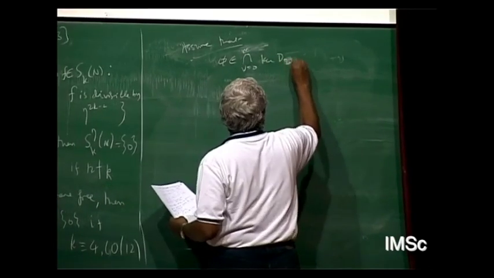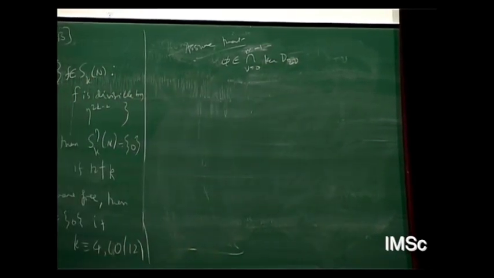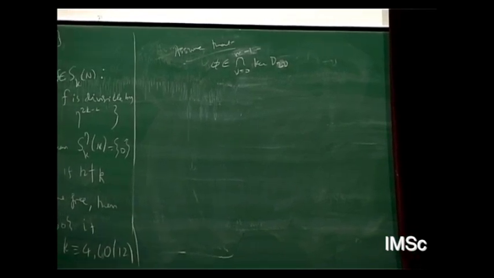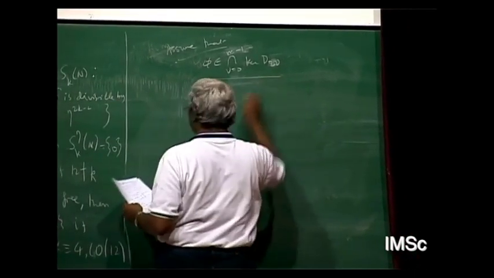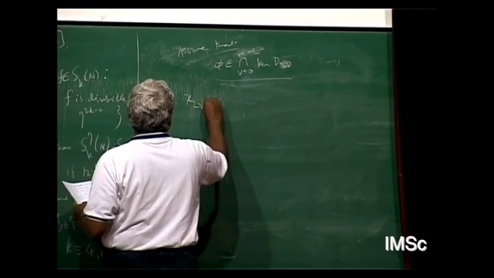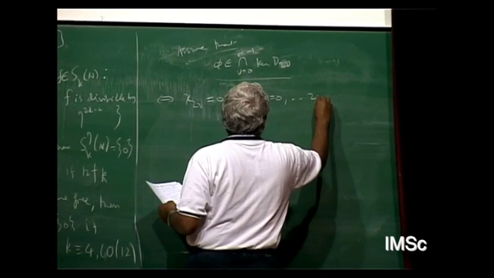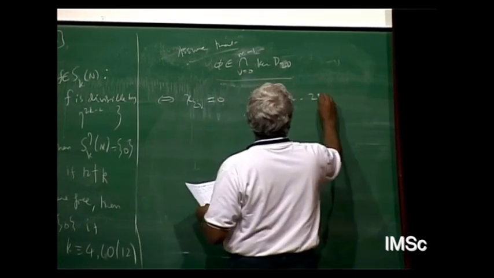So I have 2 nu. Assume that I remove the last part and then I am in the kernel. So phi belongs to the kernel gives you the information that chi 2 nu is 0 for all nu equal to 0 to m minus 1.